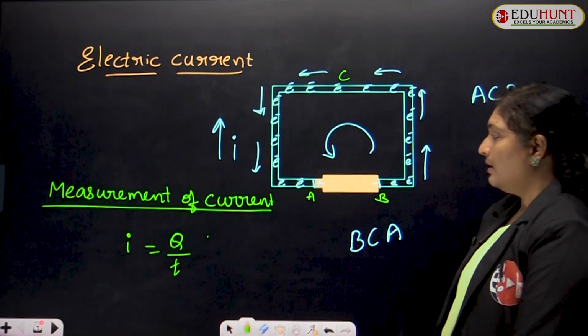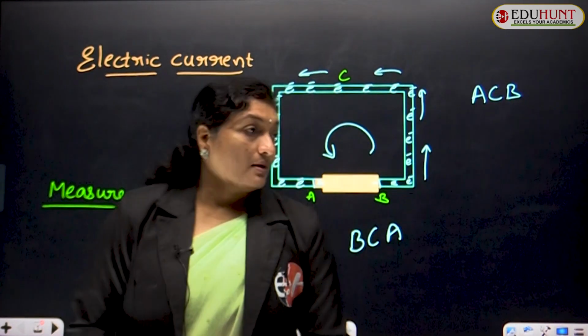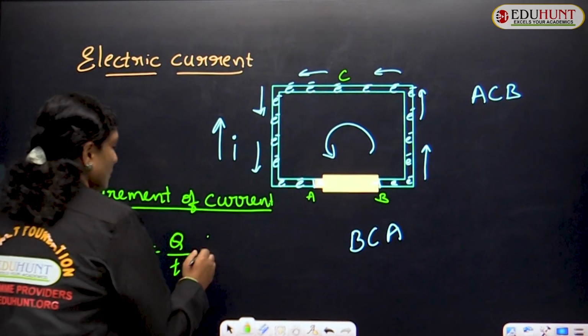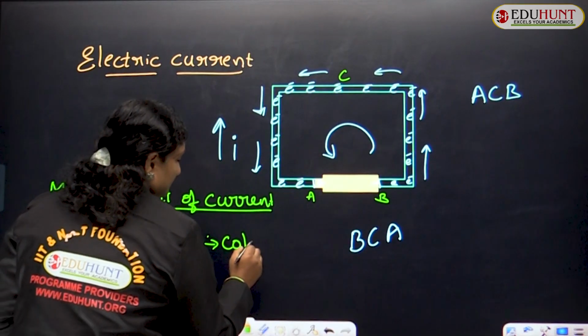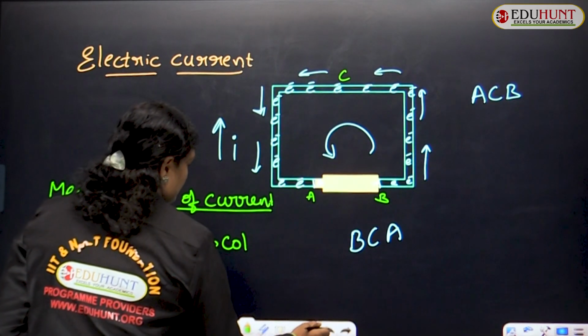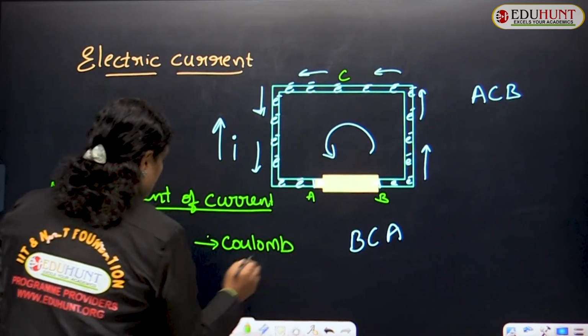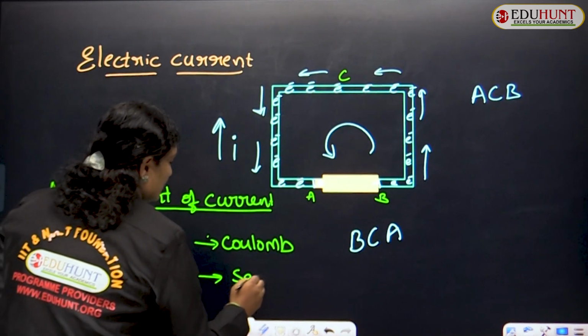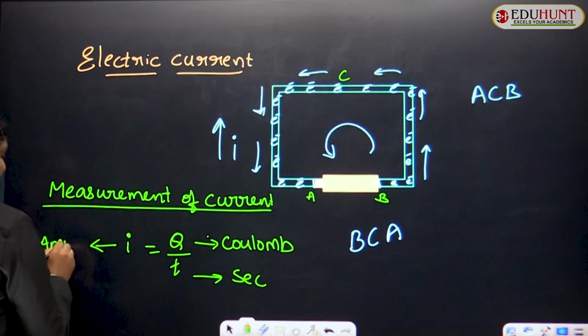Moving to the units. Charge is measured in coulombs. Time is measured in seconds, whereas electric current is measured in amperes.